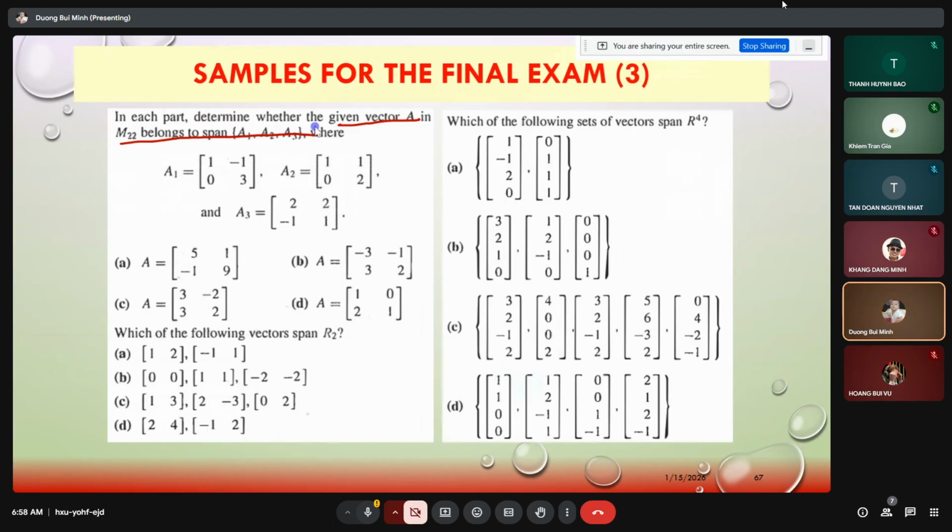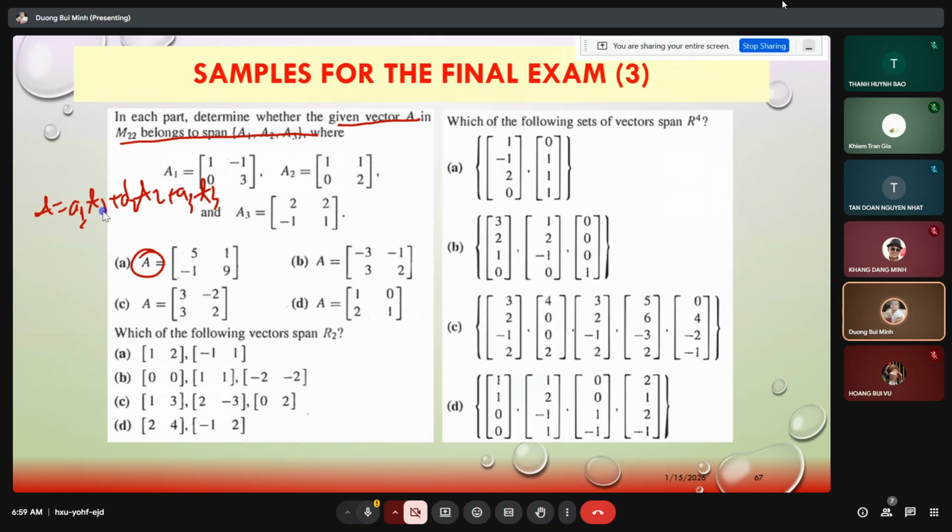You need to demonstrate whether A belongs to the spanning set or not. Very easy, right? That means we need to demonstrate c1 A1 plus c2 A2 plus c3 A3, and then we have a linear combination.